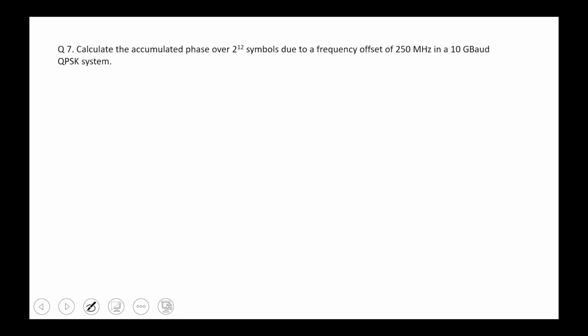One question is for you as a practice assignment. You have to calculate the accumulated phase over 10 to the power 12 symbols due to a frequency offset of 250 megahertz in a 10 gigabit QPSK system. So you have to calculate delta phi n. I have given the formula, 2 pi fd n ts.